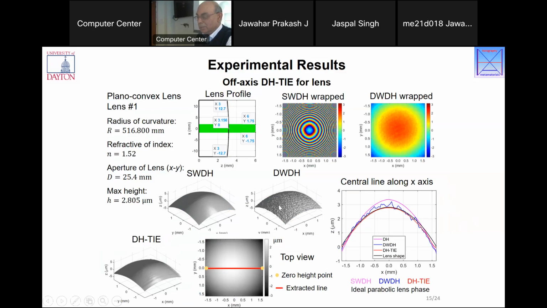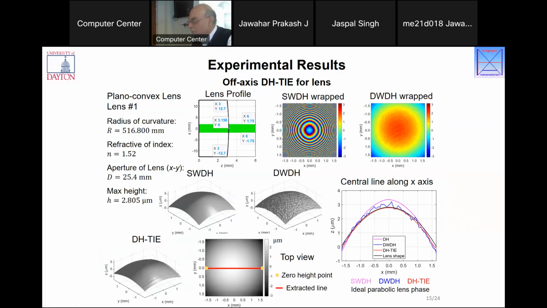These are the results over here. This is single wavelength recovery, double wavelength recovery, meaning the beat wavelength, and this is DH with TIE. Now, which one is better? I don't know, so how do I find out? Well, you draw a cross section and see how things look. These are typical cross-sectional results.